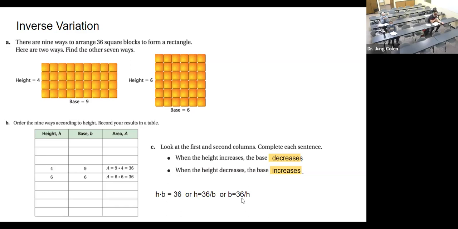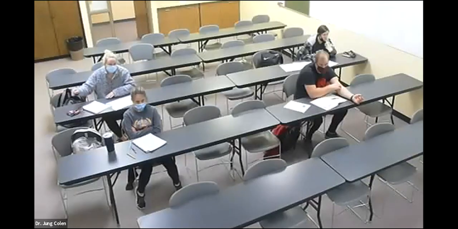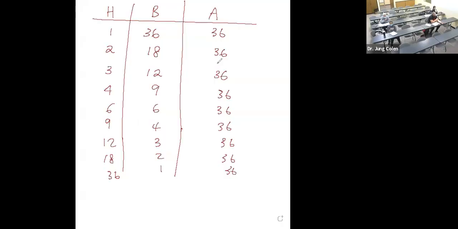Can you compare this with the direct variation? There is something similar and there is something different. What do you notice between direct variation and indirect variation? Tell me anything that is similar or different between direct variation and indirect variation. You still have your constant, but it's divided by instead of.